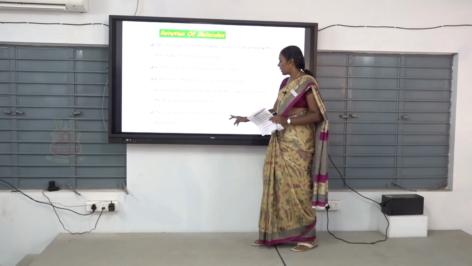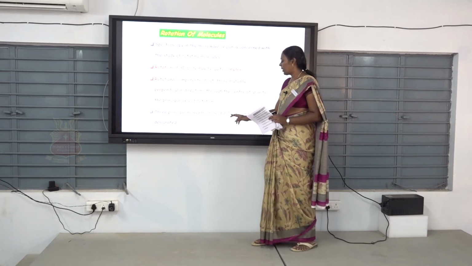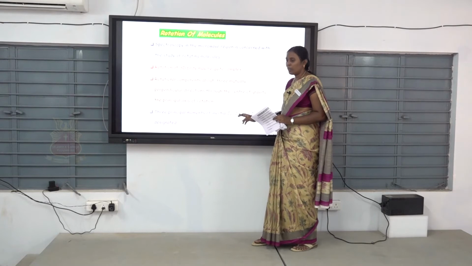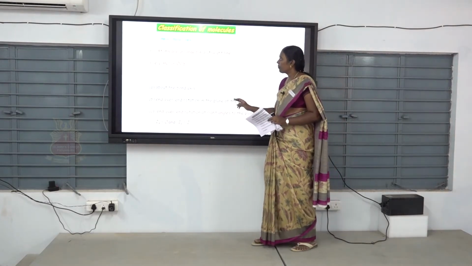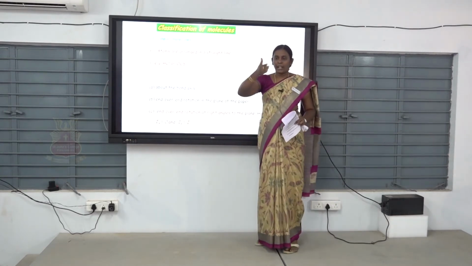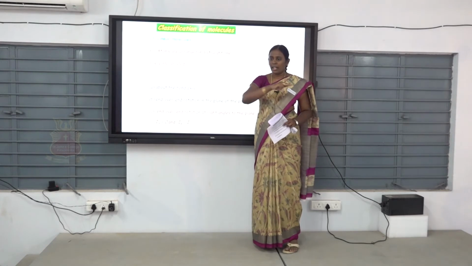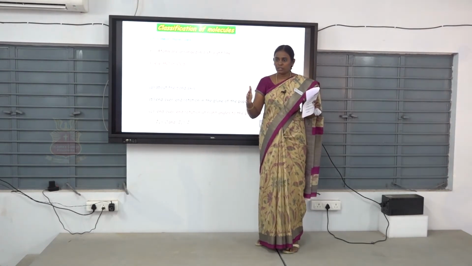First one, rotation along some one axis, is denoted as IA, next IB, and next IC. For example, IA is designated along the bond axis. There are two atoms.